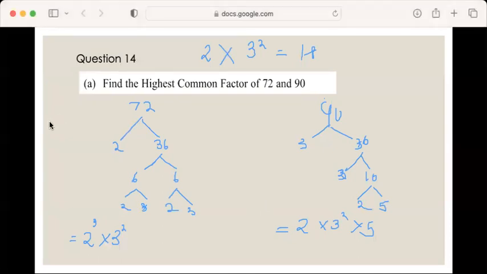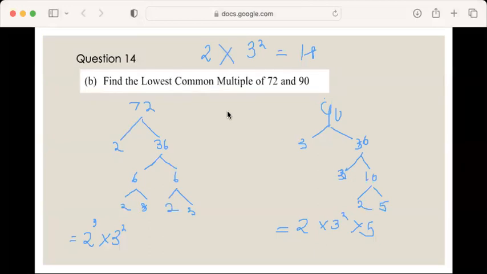Now let's see the lowest common multiple. Okay. Because you need to find the lowest common multiple, the next one, but for the same numbers. So once again, you can either use the formula method to find the LCM here, since you know the HCF already, or you can just use these factors. Okay, so when you find the lowest common multiple, you need to have the highest of all the factors.